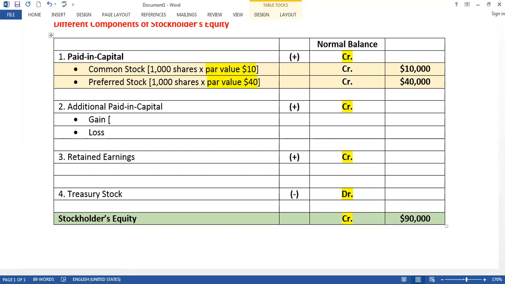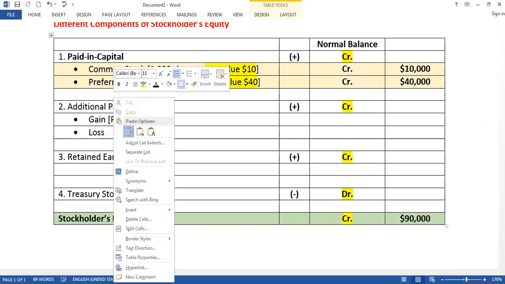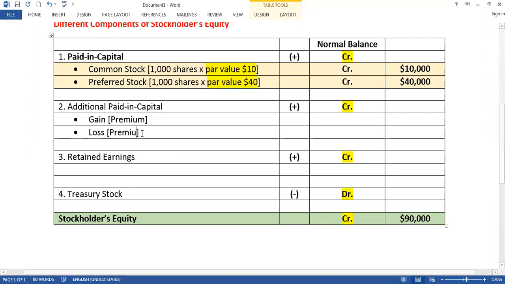Yes, so premium. If we sell our share with premium, it is our gain. And if we sell our share with a discount, it is our loss, right? It is our loss. Very good.